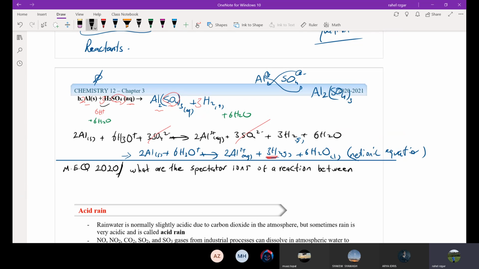We had a question in 2020, on Saturday, like 4 or 5 days ago. What are the spectator ions of a reaction between calcium and sulfuric acid?